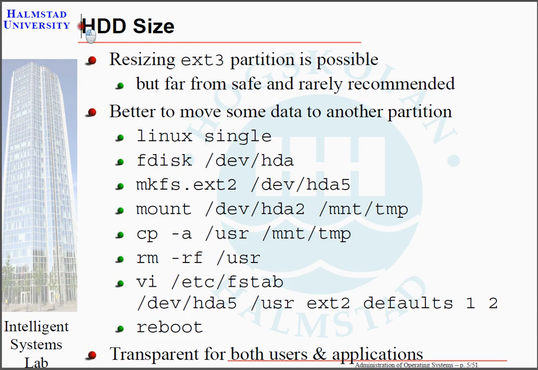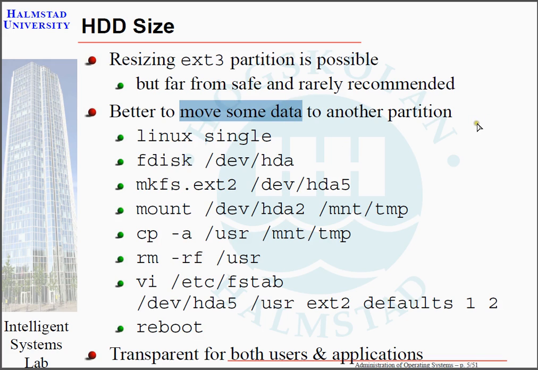Now, if you chose your hard drive sizing incorrectly, so after some time you figure out that, well, you actually need more space than you had, it's possible to resize ext3 partitions, but it's not recommended and typically not something that you would really need to do. In a lot of cases, it's much easier to just move some of the data to another partition.